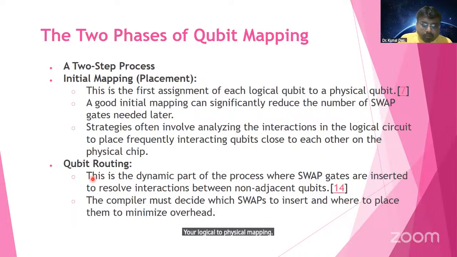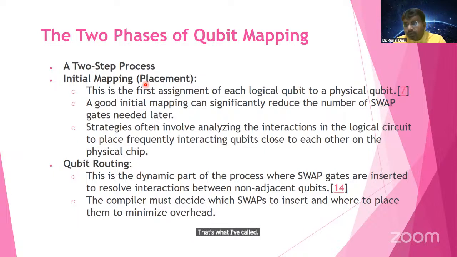Now, we can consider two phases for this problem of qubit mapping. One phase is initial mapping or initial placement. In initial mapping, as in our first assignment, whatever logical qubits we have, we just consider simple physical qubits, which may significantly reduce the swap count.